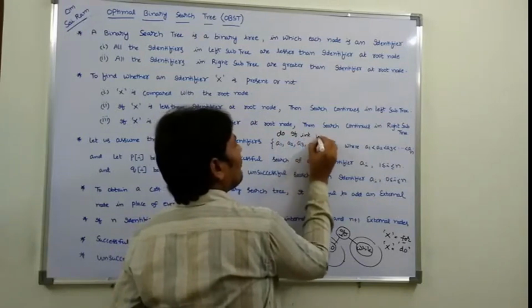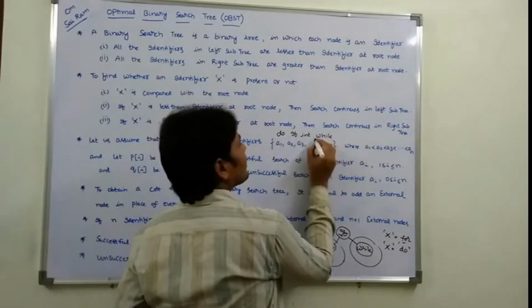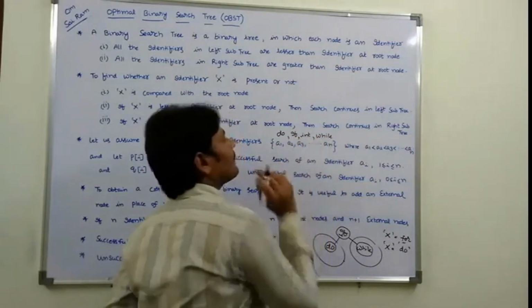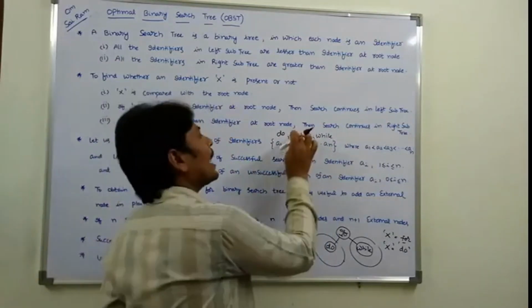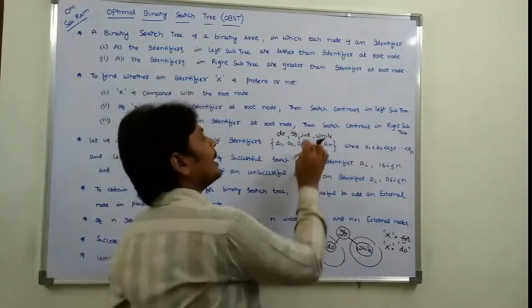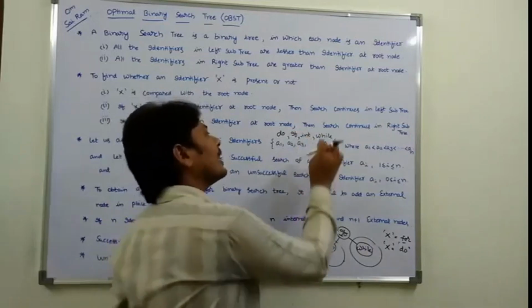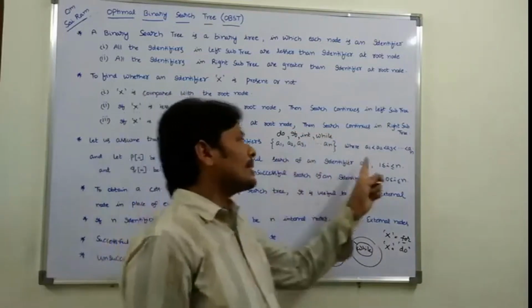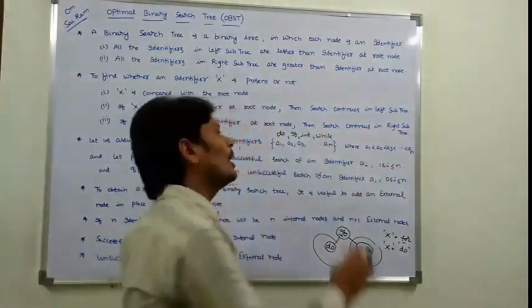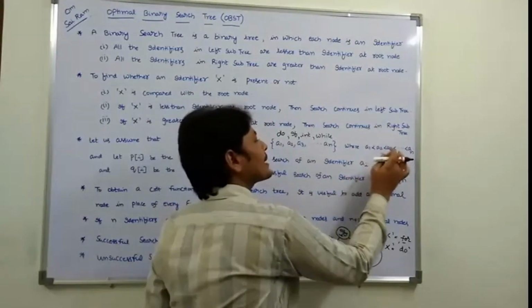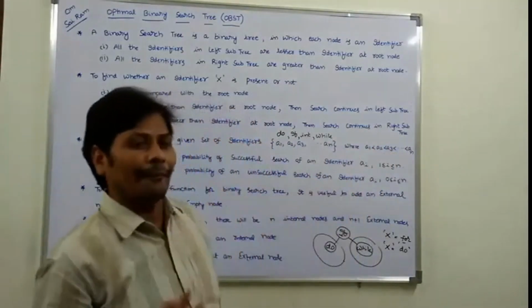What is the condition we have to follow? A1 less than A2 less than A3 less than up to AN. Here, suppose the identifiers are do, if, int, while. There are four identifiers. The first identifier is do, the second identifier is if, the third identifier is int, and the fourth identifier is while. Here the condition we have to follow is A1 less than A2 less than A3 less than A4.